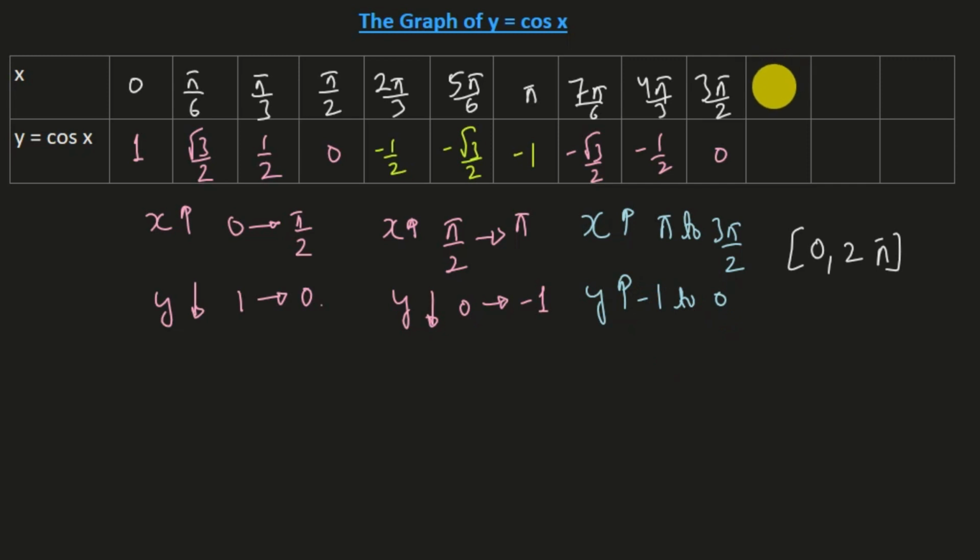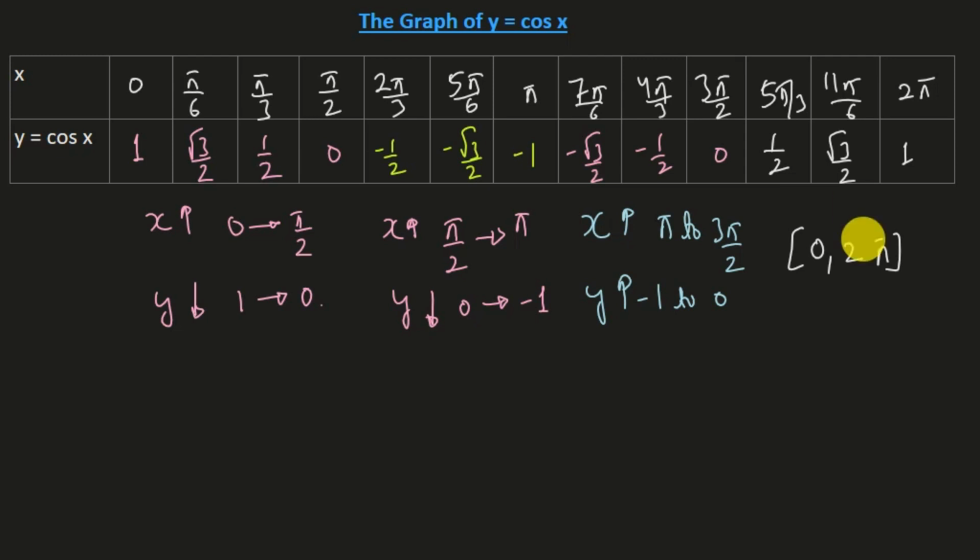Now finally we can take angles to be 5 pi by 3, then 11 pi by 6, and finally 2 pi. Now these values would be 1 over 2, square root 3 over 2 and 1.